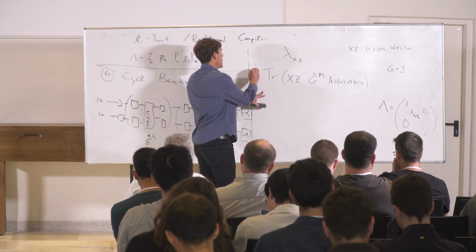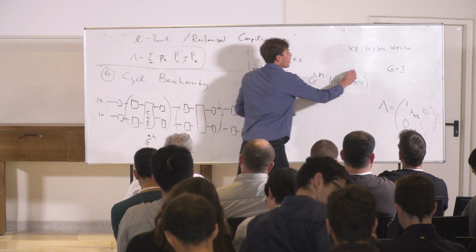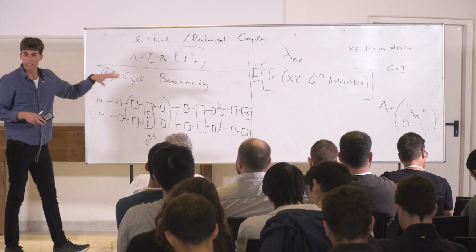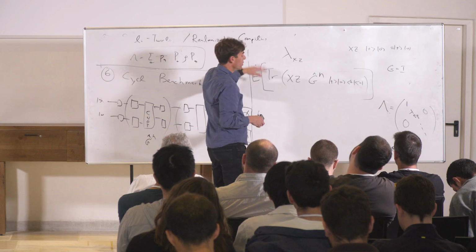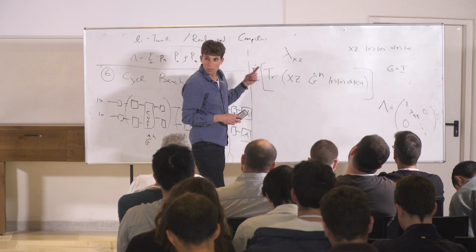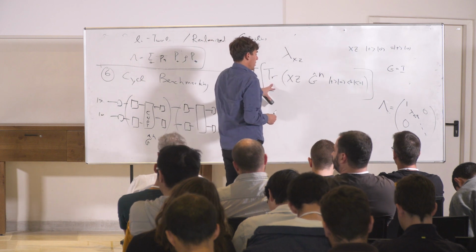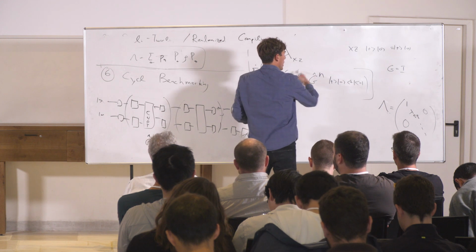So this is what I have to do. And then I have to take the expectation value over all possible Pauli randomizations. As I said, this converges extremely fast. But in principle, I'm going to take the average over all possible randomizations, inserting Paulis, and take the expectation value of the quantum measurement. So xz is a +1 eigenstate of xz.